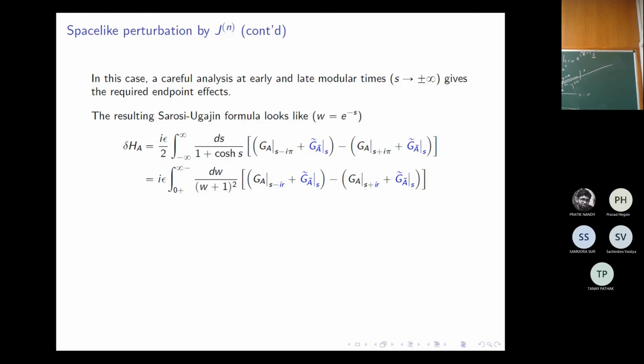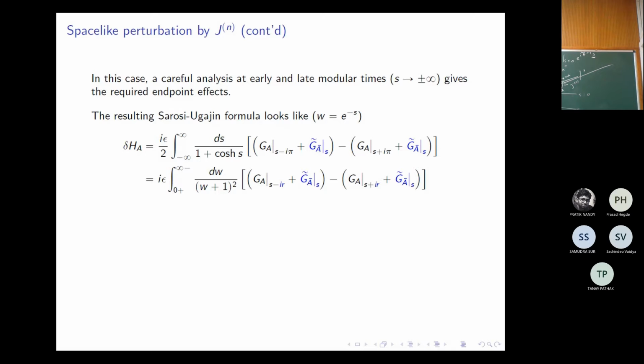And I have also introduced this for technical reasons. So I have S minus I pi. If you look at the Sarosi-Ugajin formula, you have a modular flow by an imaginary amount. So for technical reasons, this imaginary modular flow will also regularize in this fashion.